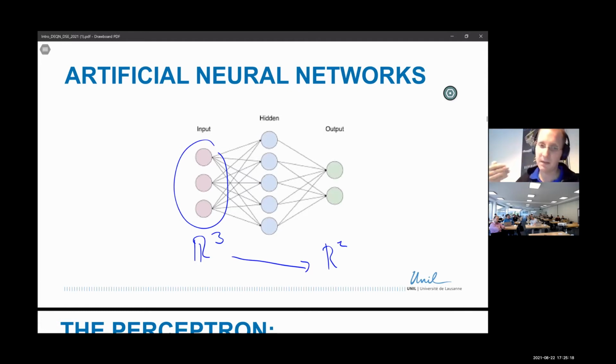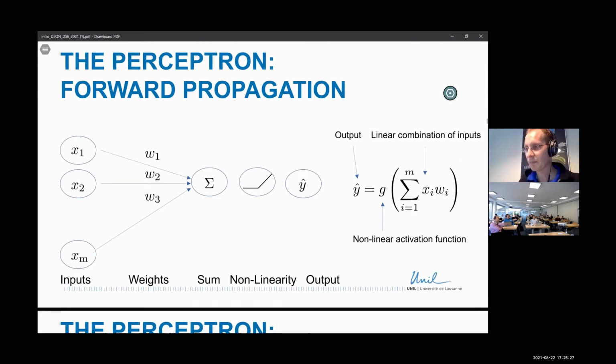So let me show you one by one what a neural net is, namely a universal function approximator. So the fundamental building block of deep learning is the so-called perceptron. And again, this dates back to the 50s, where they made the connection to how a brain works. But for us, just think of it as a very flexible or powerful function approximator.